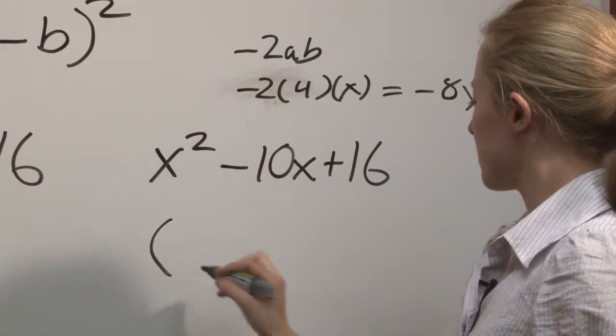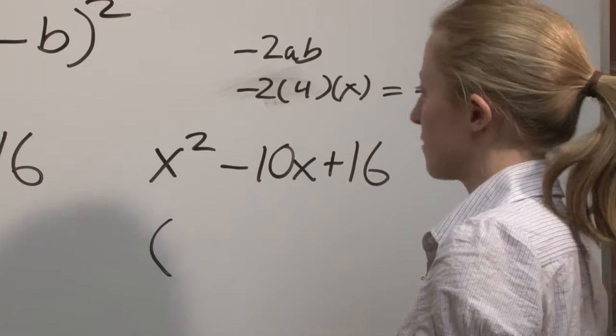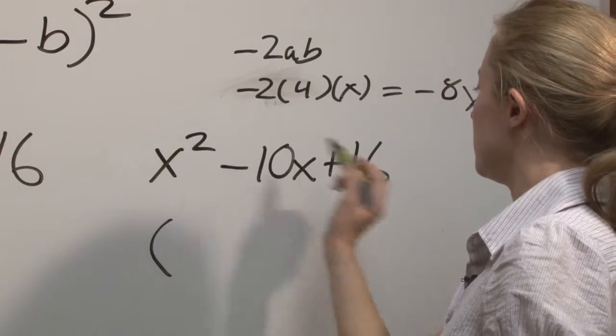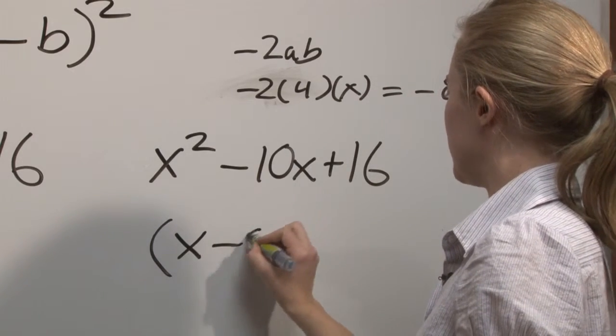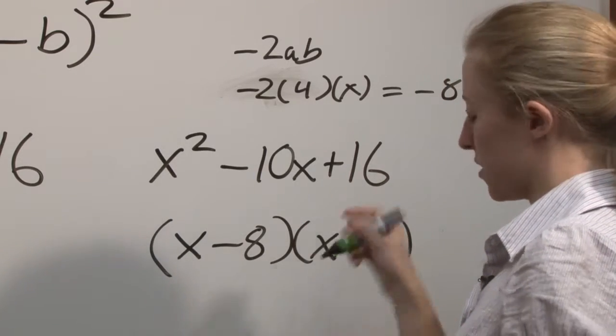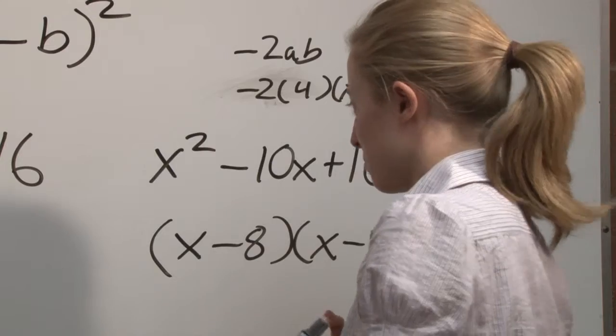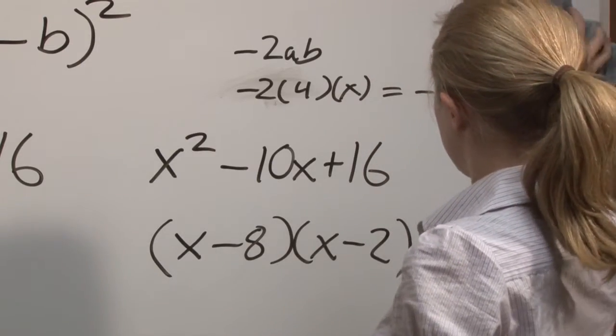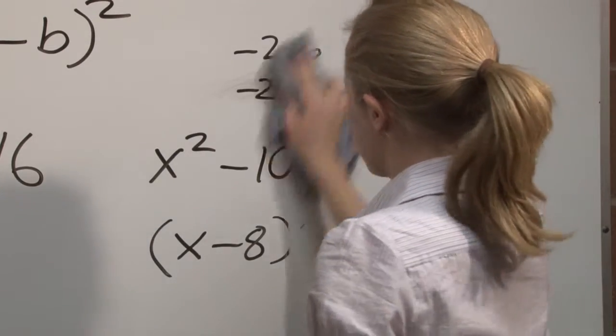So this one, actually, if you use the factoring rules from section 6.2, is going to be x minus 8 times x minus 2. So just because there's a perfect square in the last term does not mean that it's a perfect square trinomial.